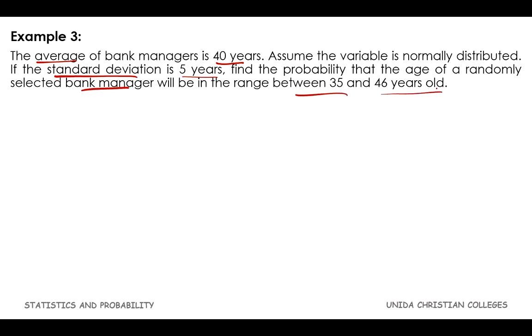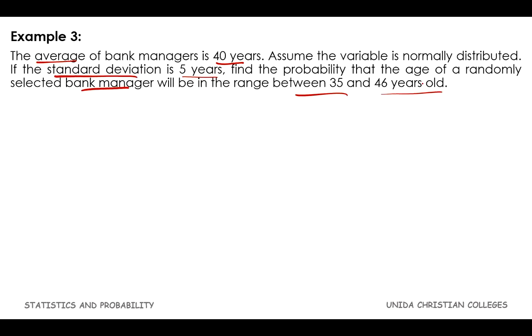So, sa problem na to, class, alamin natin kung ilan kaya yung average ng bank manager sa trabaho nila is 40 years. Aalamin natin ngayon kung ano yung probability ng age nila ng mga selected manager na nandun sila sa range na 35 to 46.